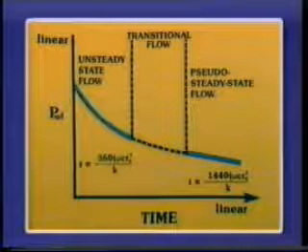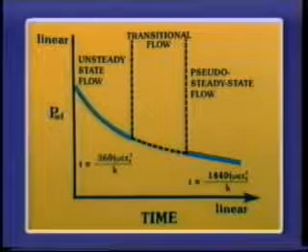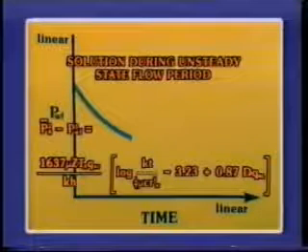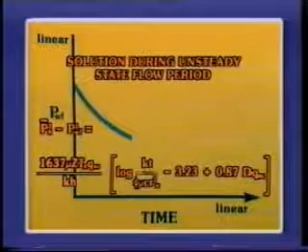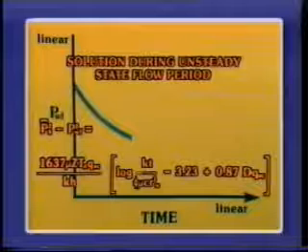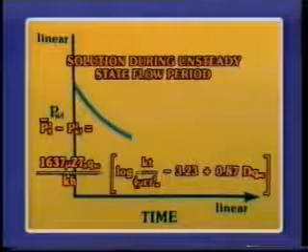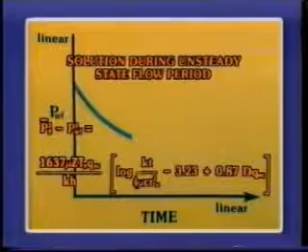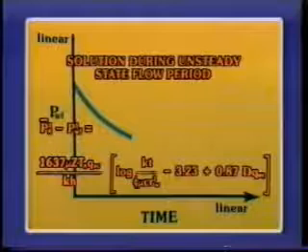The period between the two is referred to as the transitional flow period. If the differential equation describing radial flow of gas into a wellbore is solved for the case where a well is open to flow at constant rate, the solution during the unsteady state flow period will be as shown here.